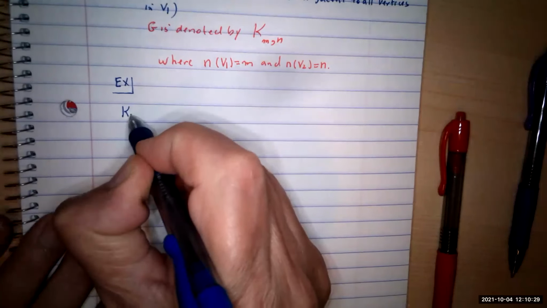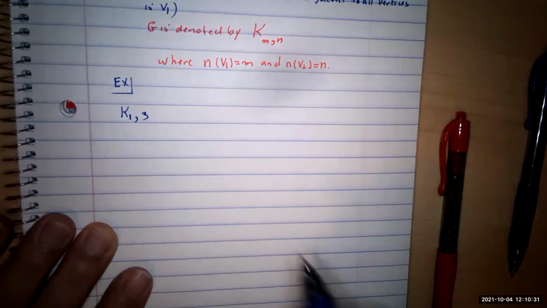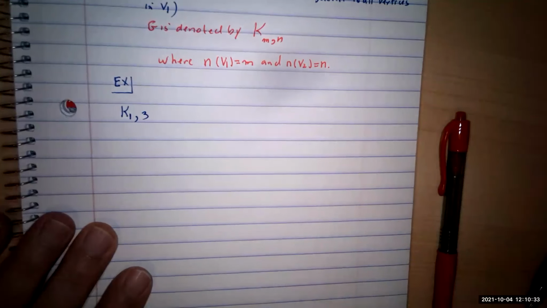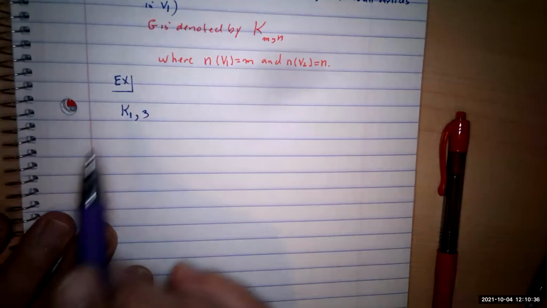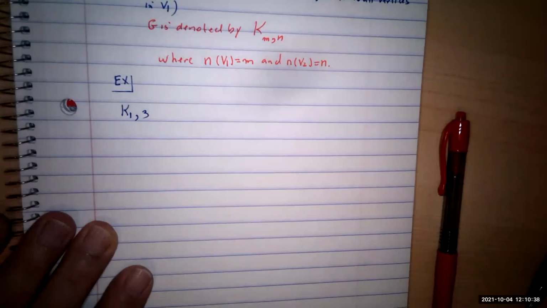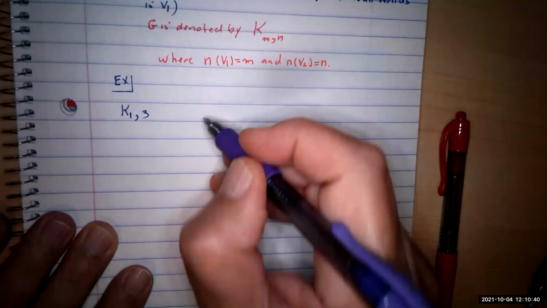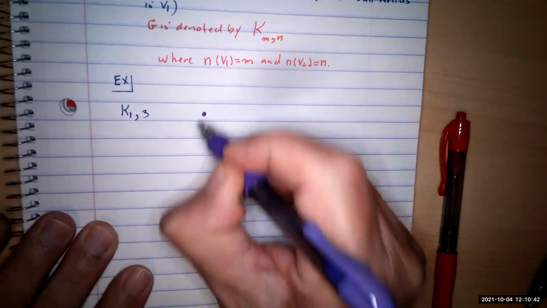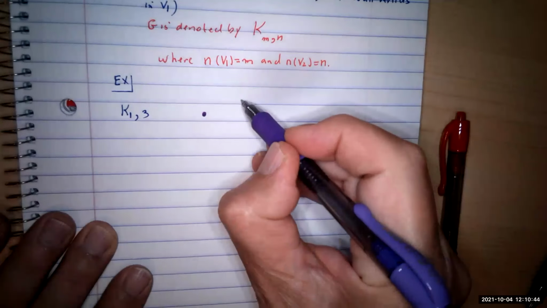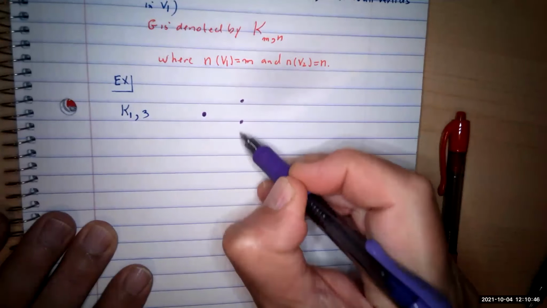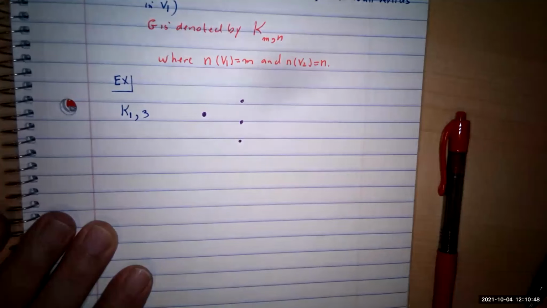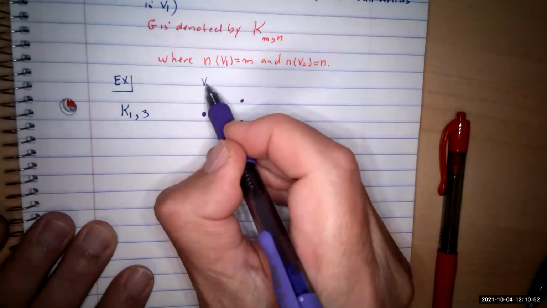Okay, some popular ones, to see how we graph K1,3. The way we graph, it's two parts. In V1, we have only one vertex, you say this is 1. Then you have 3 on the other side: 1, 2, 3. On one side, you get all of V1.